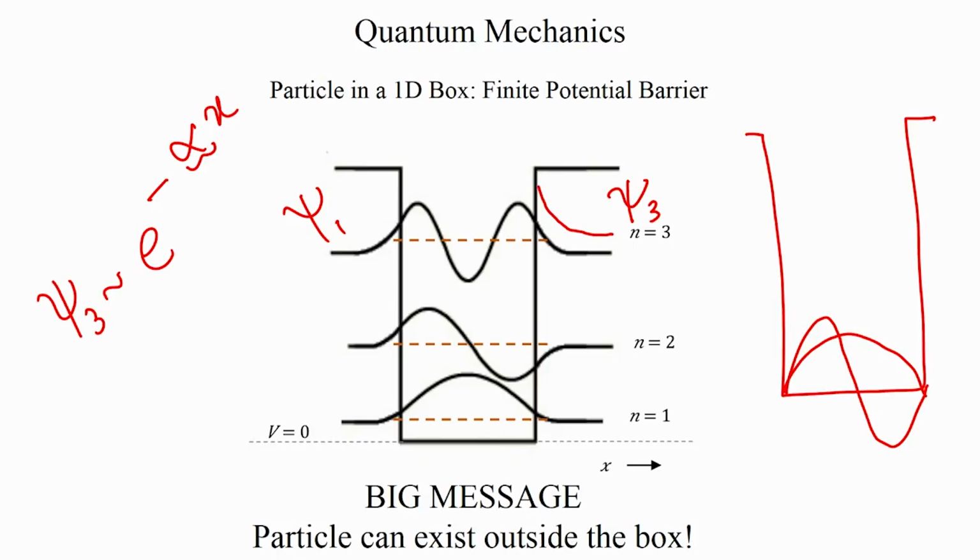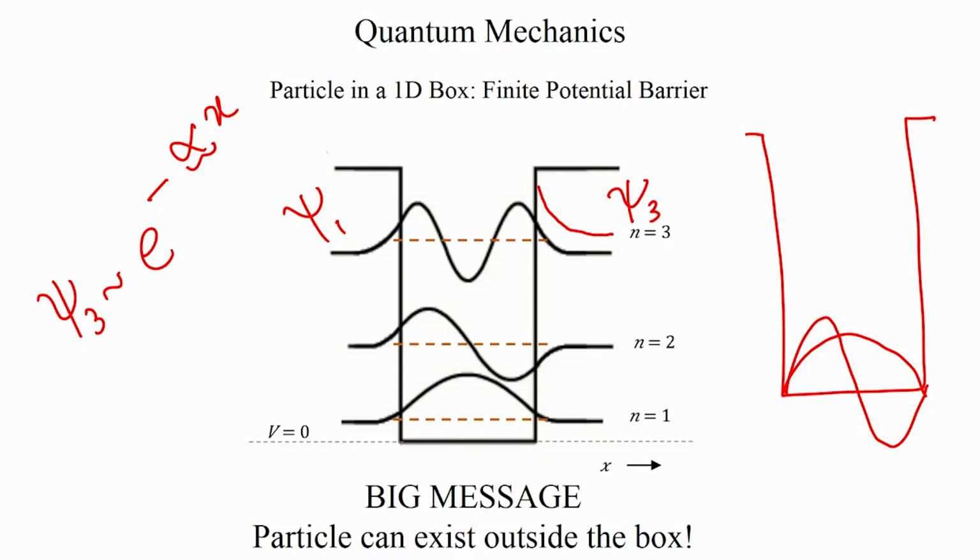Now mathematically that looks fine, it doesn't seem to be very difficult because the exponential came out from the differential equation. But just imagine what it is implying. You have a finite potential barrier, and you've got the total energy of the particle to be less than the potential energy of the barrier.